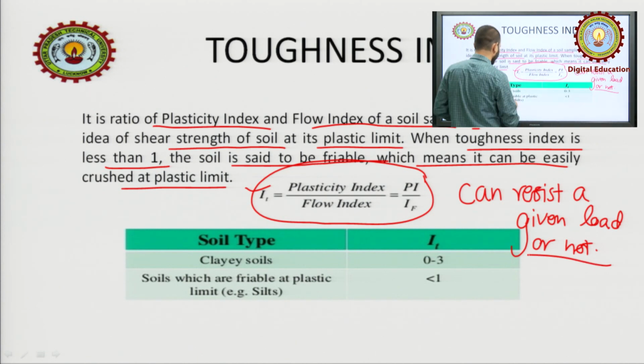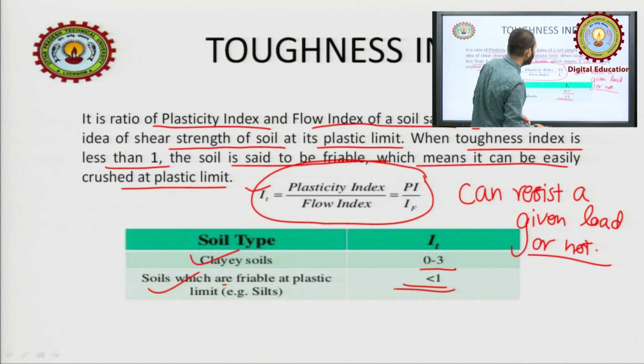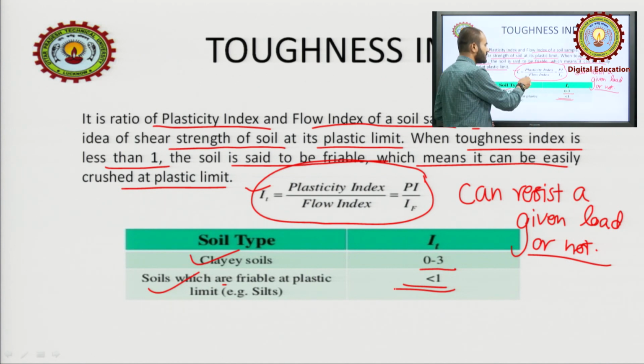Generally, the value for clay soil is 0 to 3, and for soils which are friable at plastic limit it will be less than 1. This is your toughness index, the ratio of plasticity index to flow index.